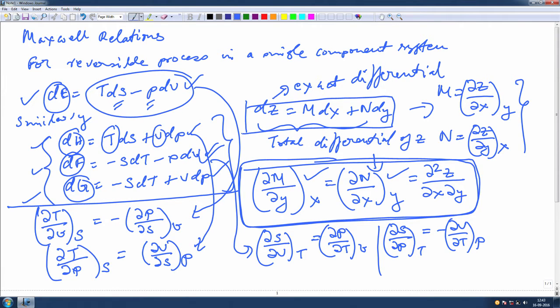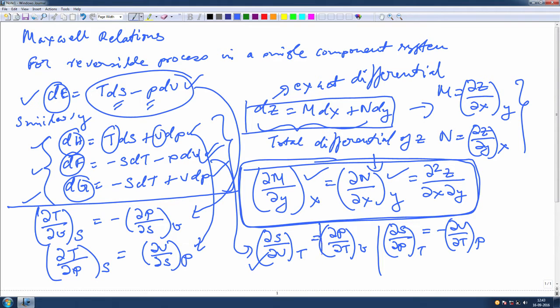The Maxwell equations are particularly useful because if you want to develop relationships between quantities, there are certain quantities which you cannot even measure. So, to cast that particular quantity in terms of something else is very important. For example, entropy is something that you may not be able to measure, but you may be interested in knowing the variation of entropy with volume at a constant temperature.